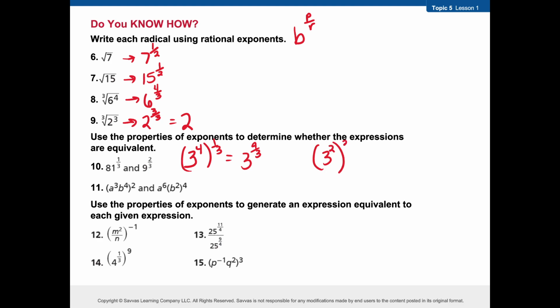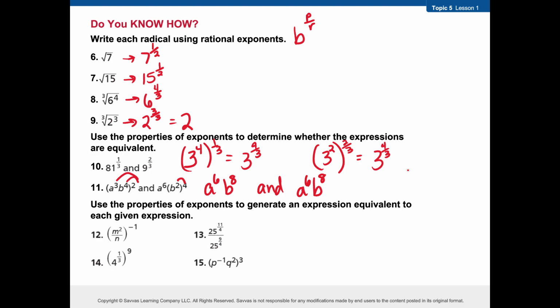Then 9 can be written as 3 squared to the 2/3 power. 2 times the 2/3 is 4/3. Power to a power, multiply, so that would be a^6, b^8, and the only thing I would have to do here is multiply the b squared to the 4th power, and a^6 stayed the same. Power to a power, multiply.